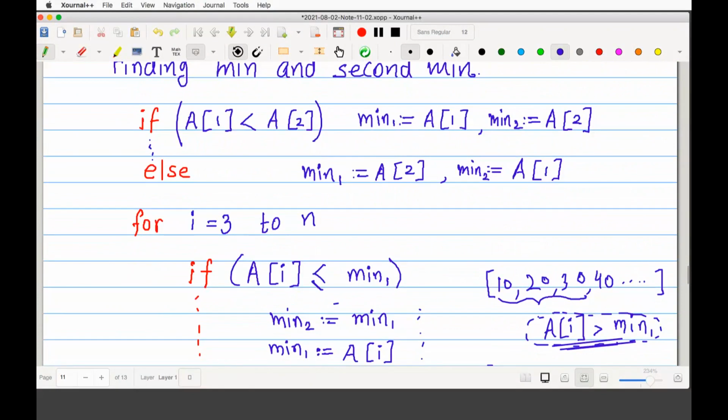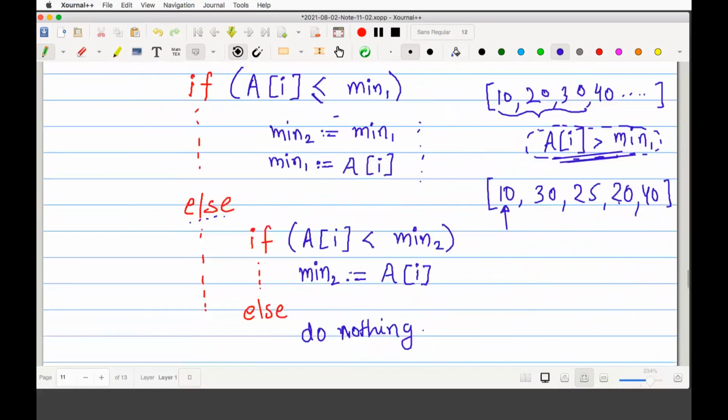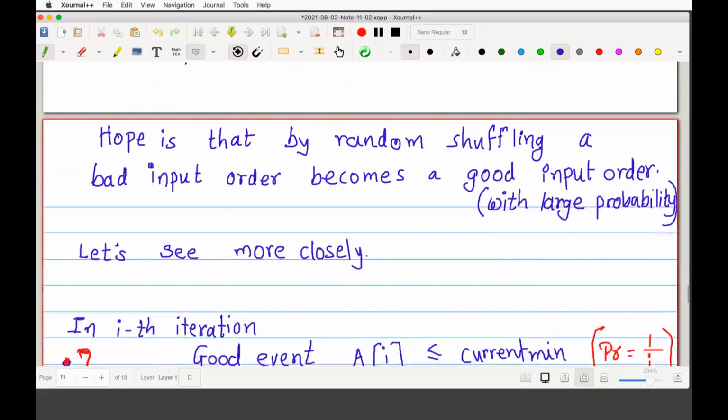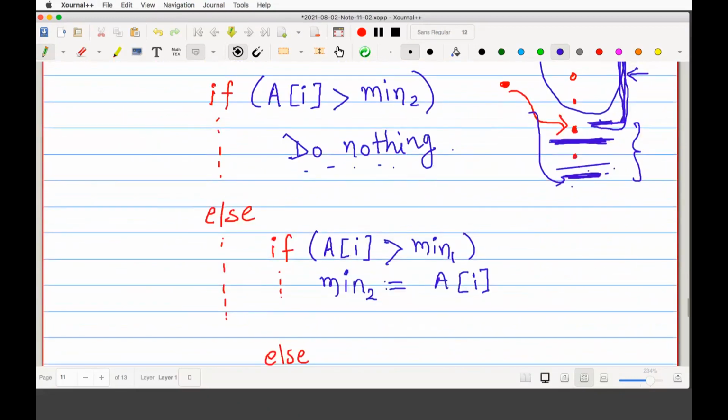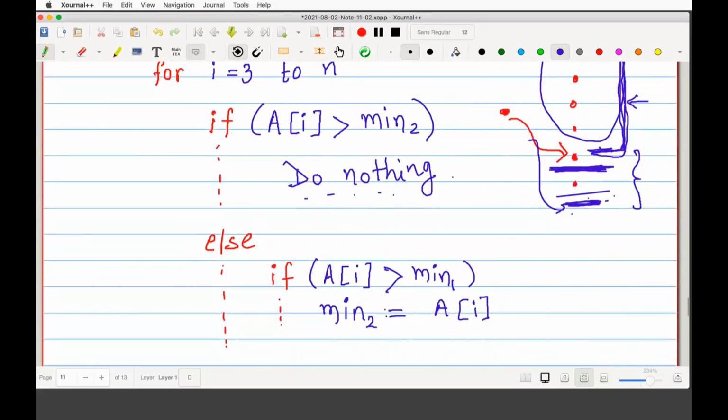If A2 is the biggest element, in the beginning it will become min2. Okay, I guess you are talking about this: what if A2, the second element, is the largest?